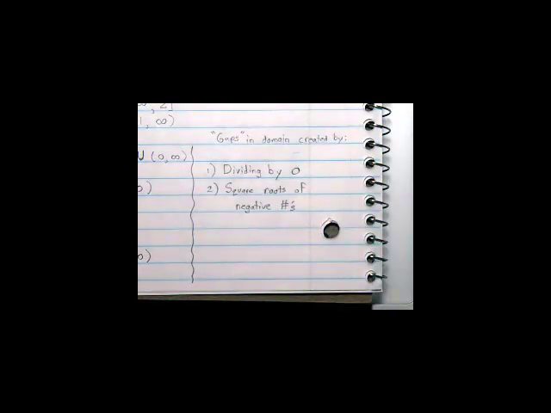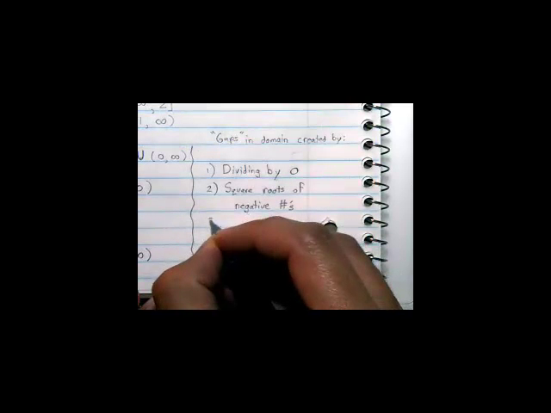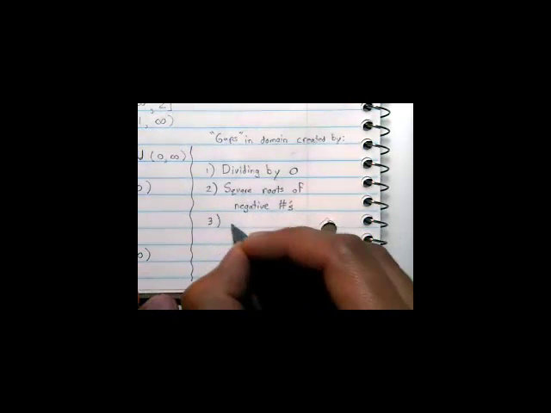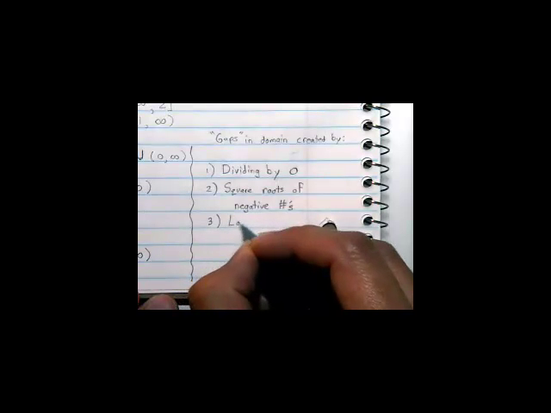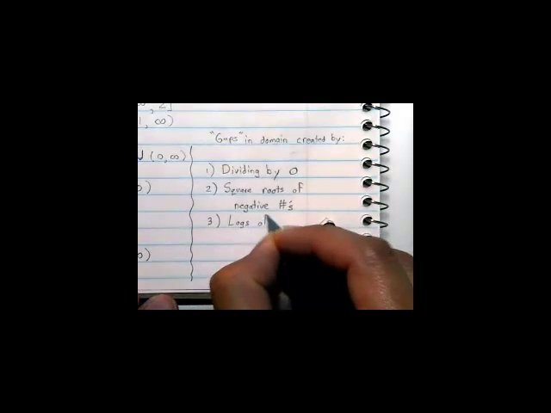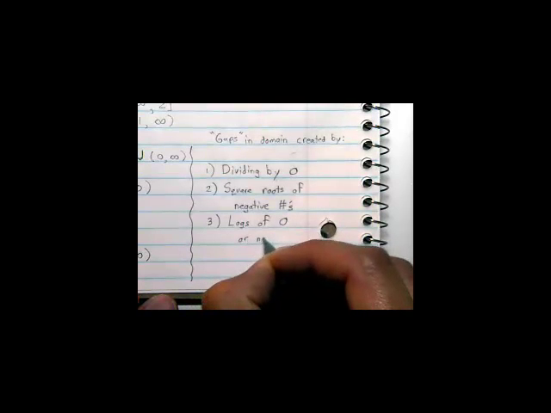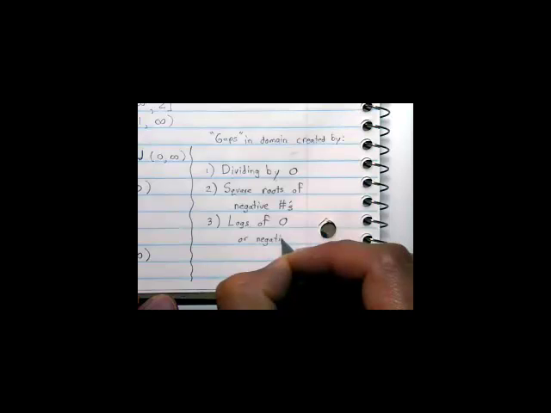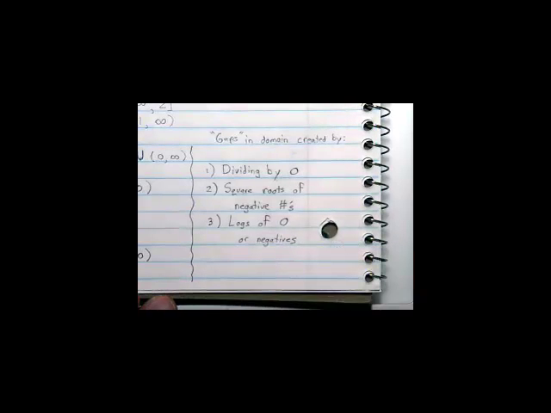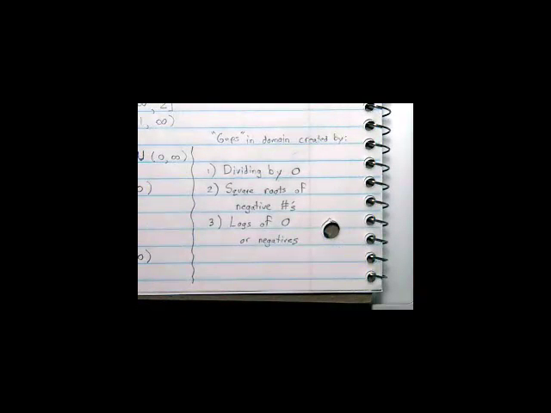Okay, what numbers are going to make the square root have a negative underneath it? And then number 3, logs of 0 or negatives. So you're looking for fractions, square roots, or logs.